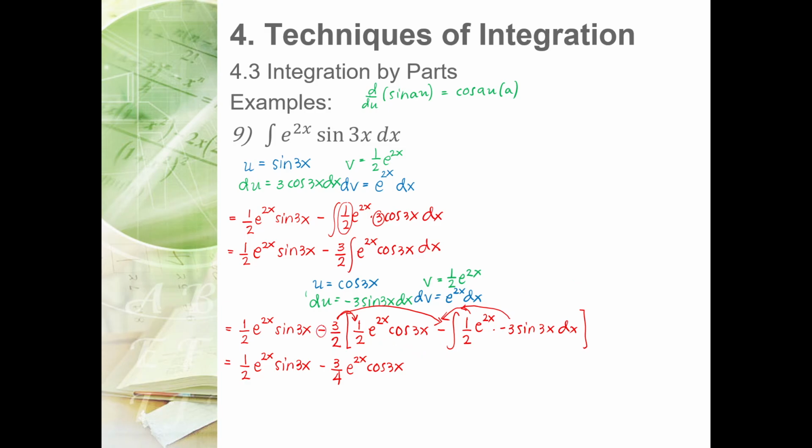So negative, negative, and then negative, so this one is still negative. So 3/2 times 1/2 times 3, that will be 9 over 4, then the integral of e raised to the power of 2x sine 3x dx.